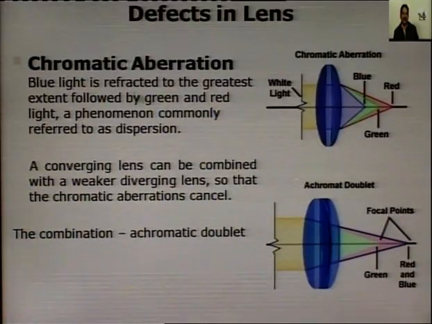So, blue light is refracted to the greatest extent, followed by green and red light, a phenomenon commonly referred to as dispersion. A converging lens can be combined with a weaker diverging lens so that the chromatic aberration cancels. So, what we do is use a combination of a convex lens and a concave lens, and this is called an achromatic lens or achromat doublet. This achromatic lens reduces the chromatic aberration considerably.